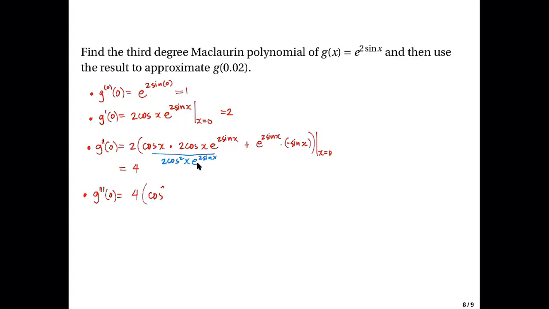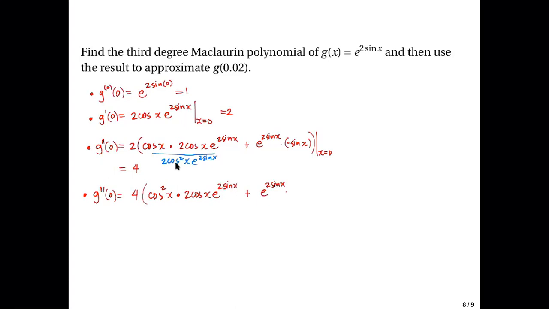So cosine squared x times the derivative of right, it's still 2 cosine x e to the 2 sine x. And then here, plus right times derivative of left. We will have e to the 2 sine x.